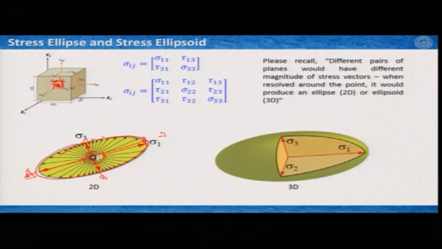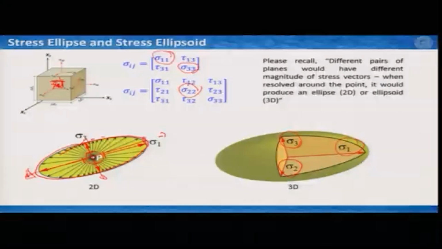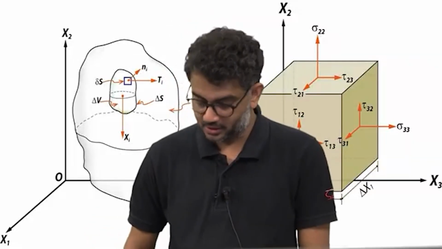So, at the maximum we would get sigma 1, at the minimum we get sigma 3, and the intermediate we get sigma 2. Now, what are sigma 1, sigma 2 and sigma 3, and how do they differ from sigma 1 1 or sigma 3 3 or sigma 2 2? We will learn it in the next lecture.